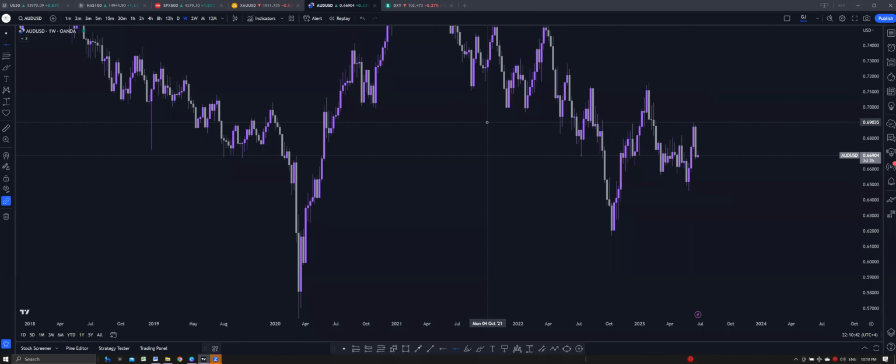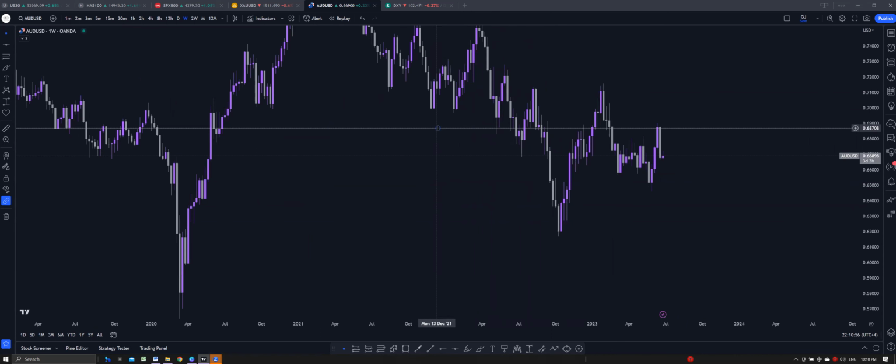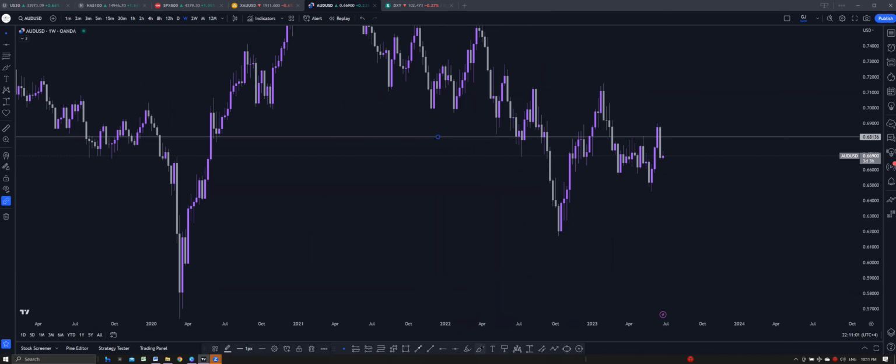let's see. I'll mark off maybe this area there, possibly. Or actually, a better one would be right there. So why here? We see resistance, support, right?